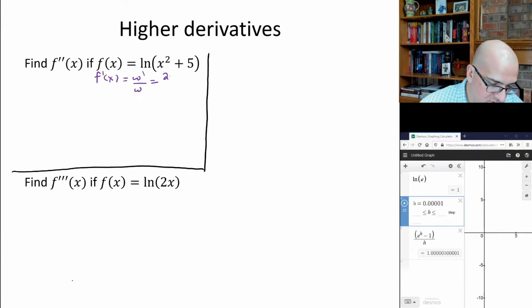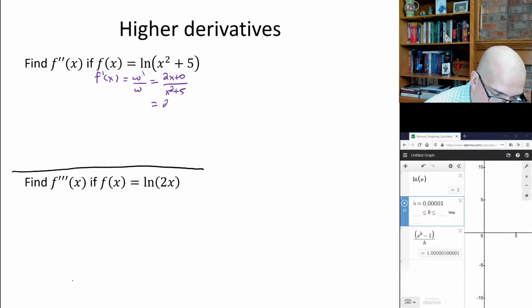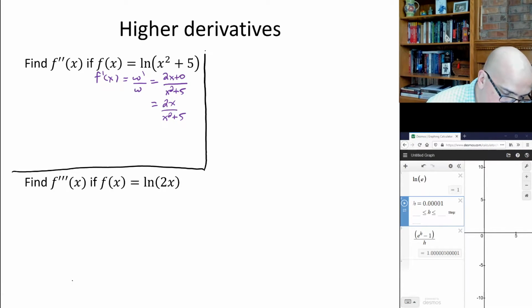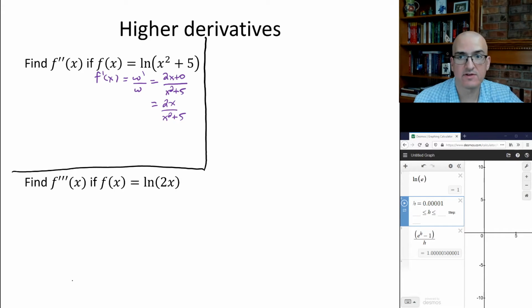So the derivative of x squared plus 5 is 2x plus 0 over x squared plus 5. And then we can simplify that, get rid of the plus 0, so it's just 2x over x squared plus 5. All right, so that's not the answer to the question, but that's something we need to do in order to get the answer. That's the first derivative.